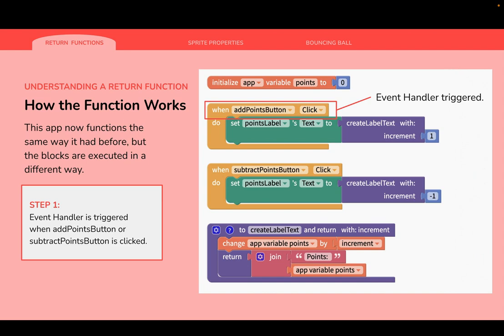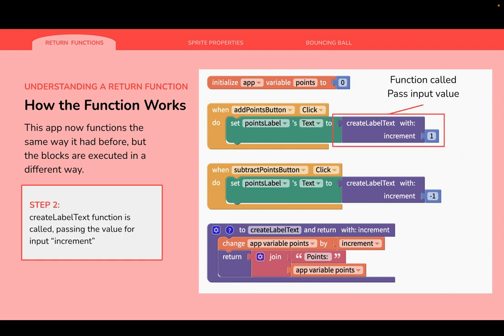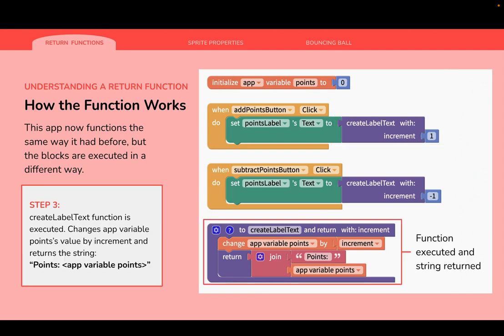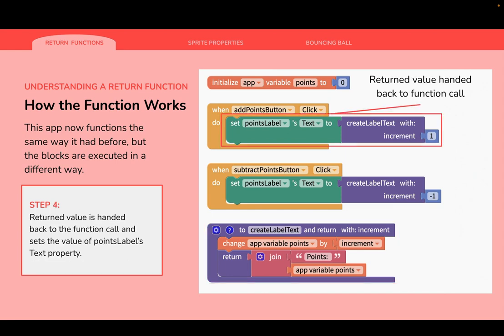The event handler is triggered, and then we call the function passing the necessary input value. The function is then executed in order, and then returns the value back to where the function was called, and that value is what the point labels text is set to.